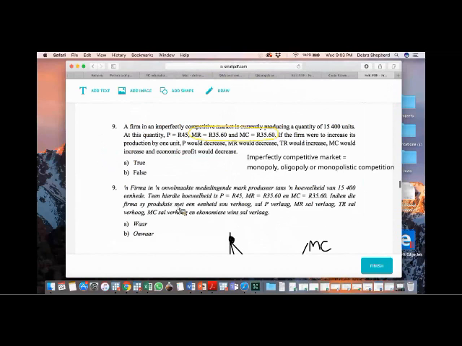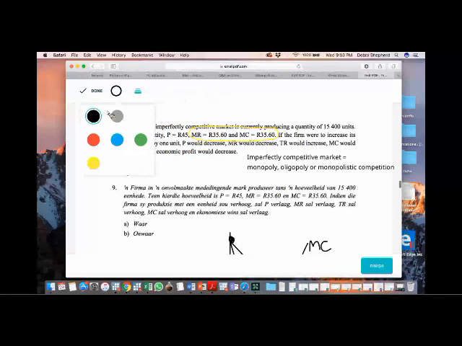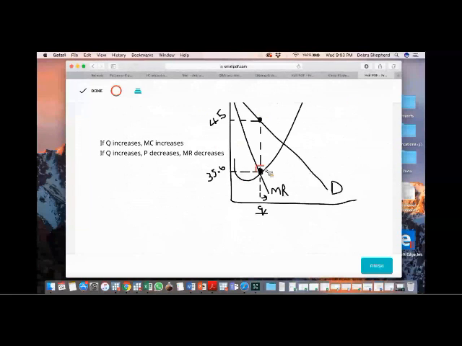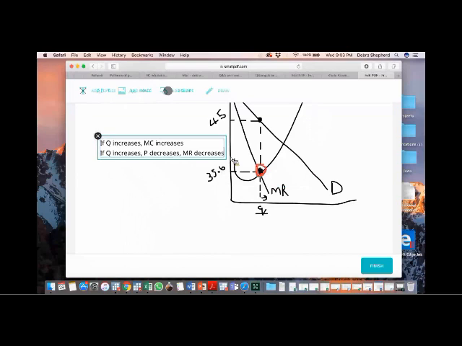So in the answer here, if the firm were to increase its production by 1 unit, yes, price would decrease, yes, marginal revenue would decrease, and yes, marginal cost would increase. The other two statements are, would total revenue increase and would economic profit decrease? So if MR equals MC is where profit is maximized, if you move away from your profit maximizing point, it means you're going to lose economic profit.